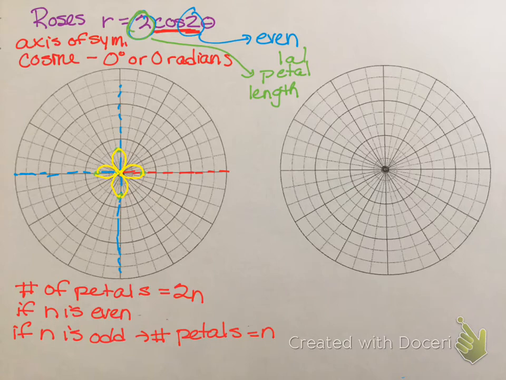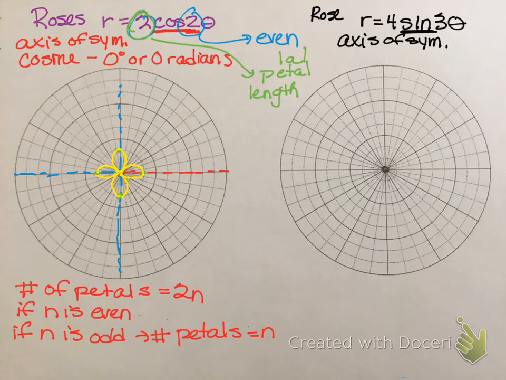All right, our next graph and our last graph is the graph of r equals 4 sine 3 theta. This is also a rose. Let's talk about the axis of symmetry. When you have sine of some angle measure, your axis of symmetry will be 90 divided by n.